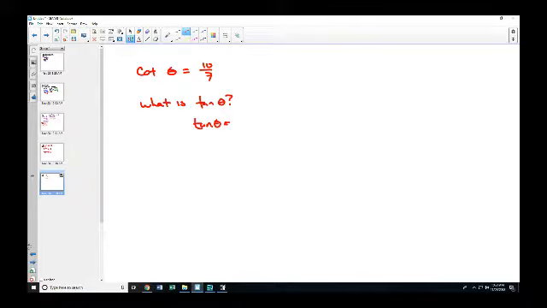They're reciprocals, so just flip it. Boom. So you can work with sine and cosecant that way as well, or cosine and secant. So use the reciprocal idea to switch between the two.